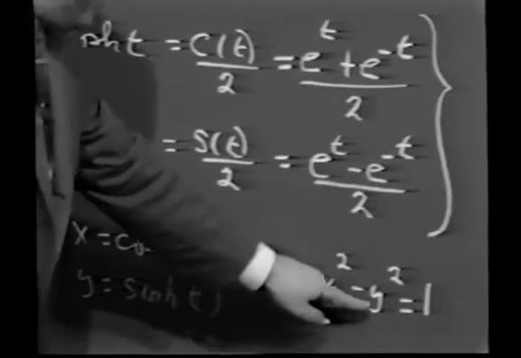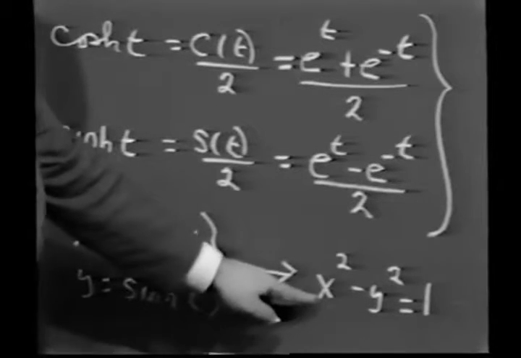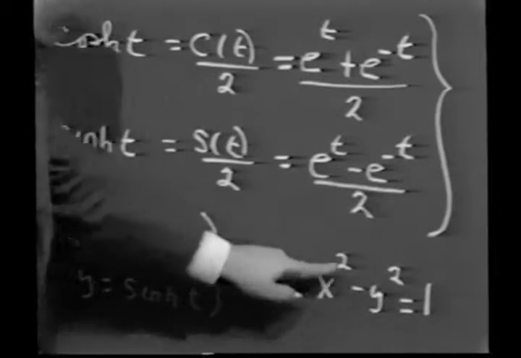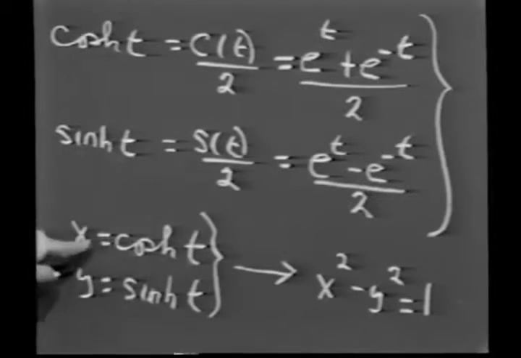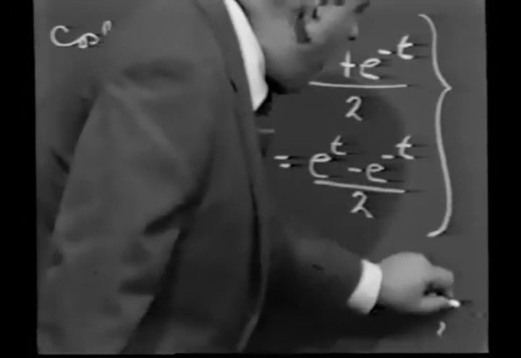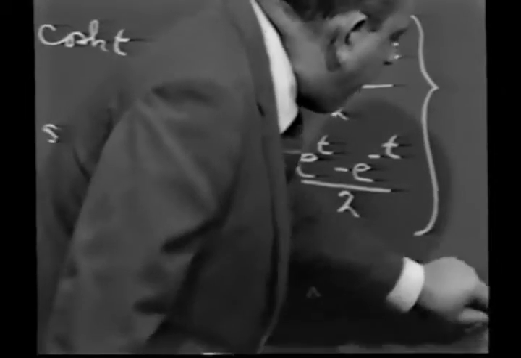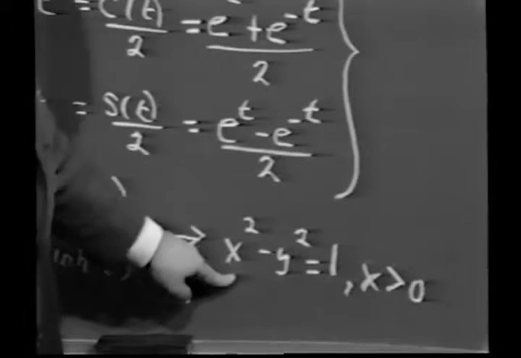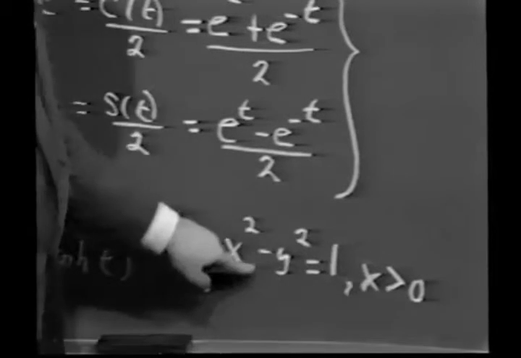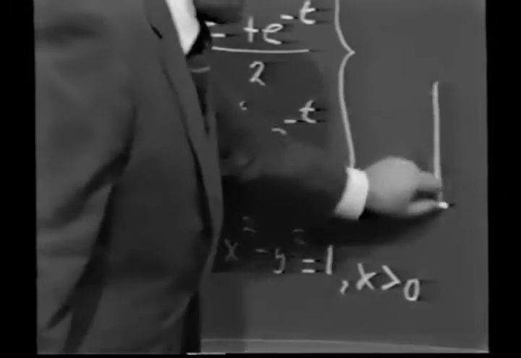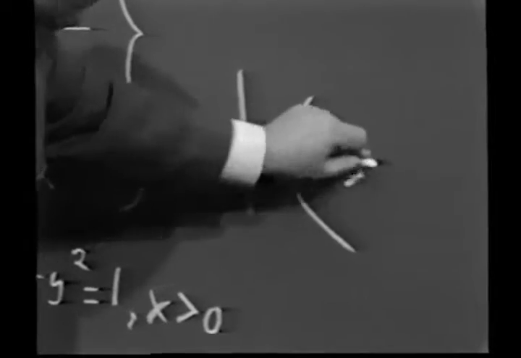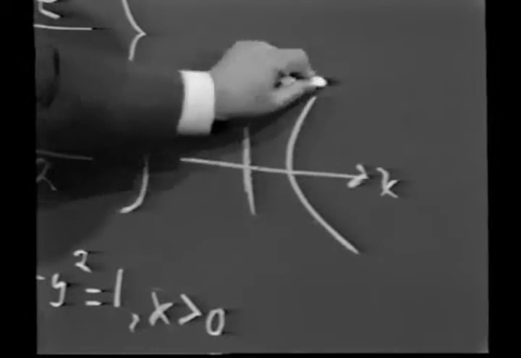Therefore, notice that in this particular relationship, not only is the curve given by x squared minus y squared equals 1, but since the cosh can never be negative, it's also characterized by x is positive. And you see, that tells us what? That what we're getting this way is not the entire hyperbola, but just the branch for which x is positive, which is exactly what we were talking about earlier in the lesson.